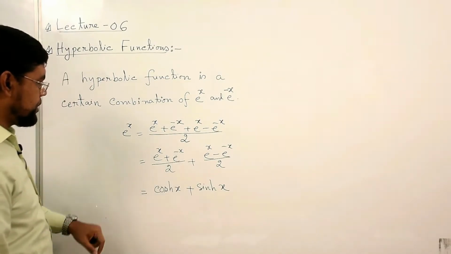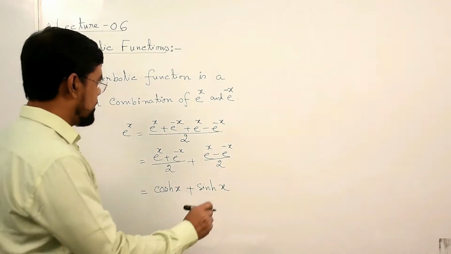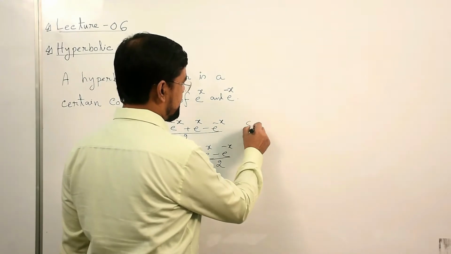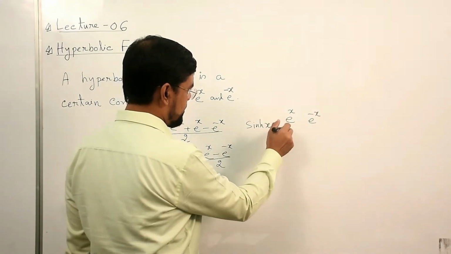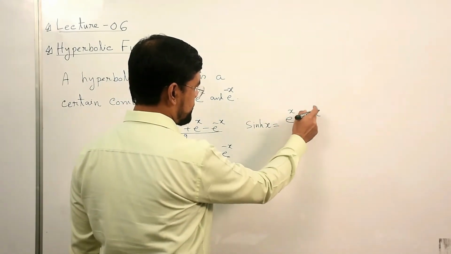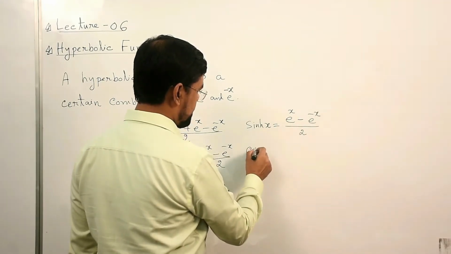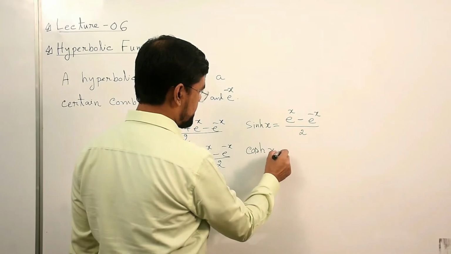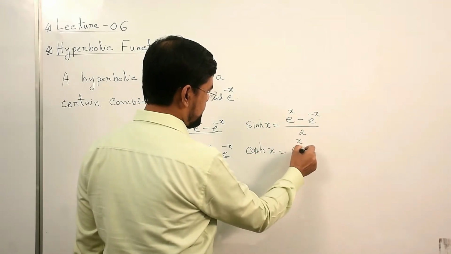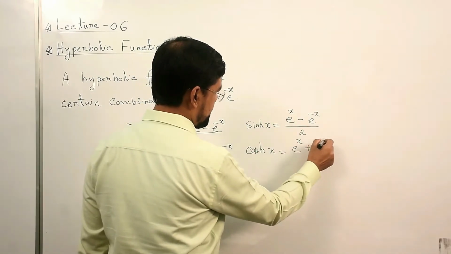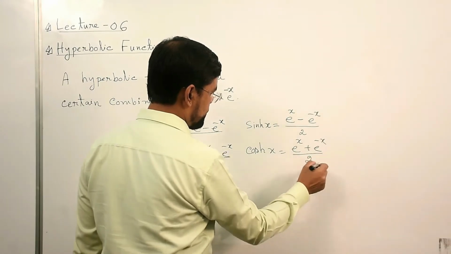So we understand that sine hyperbolic x equal e to the power x minus e to the power minus x by 2, and cosine hyperbolic x equal e to the power x plus e to the power minus x by 2.